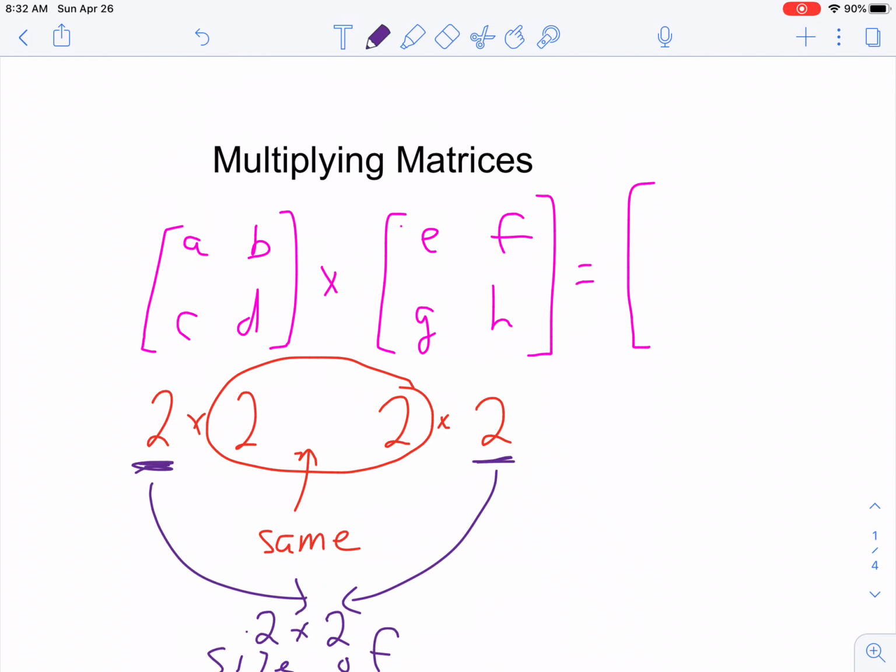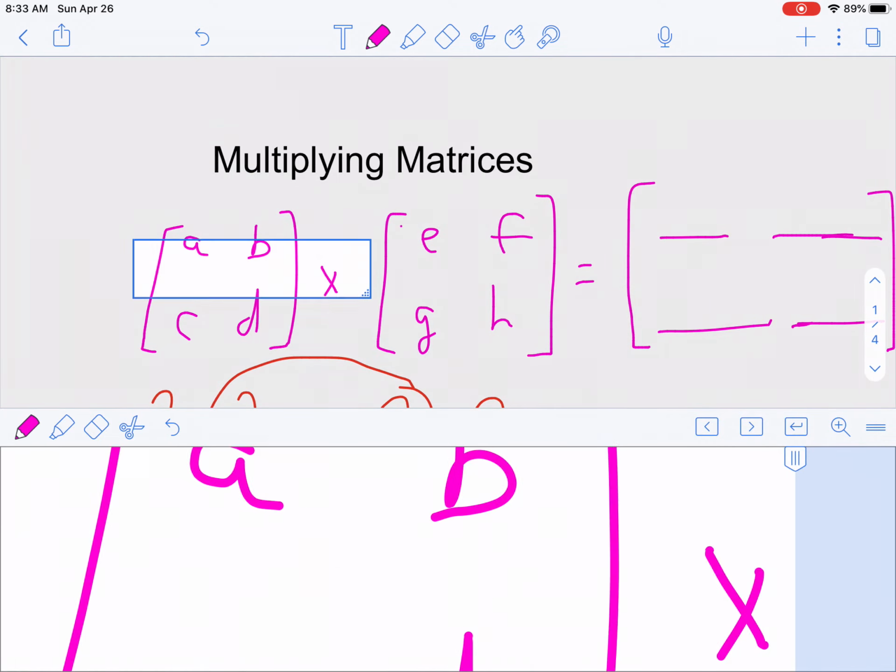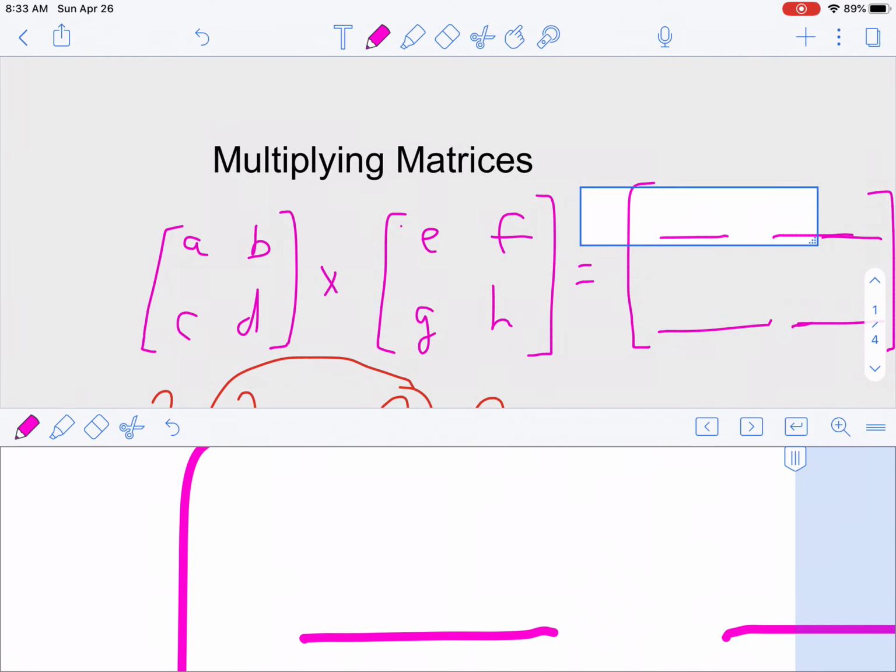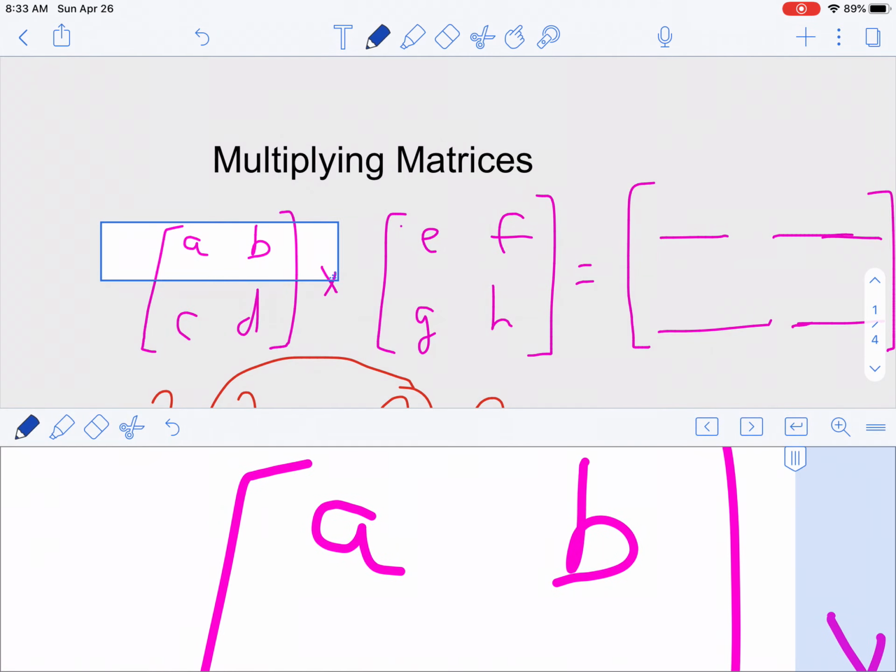And so what I do is I put some blank spaces over here, because I'm going to have to do some writing in these places. I'm going to zoom in so that I can see what I'm doing. And what we look at when we're multiplying matrices is the rows and the columns. In the first matrix, it's all about the rows.